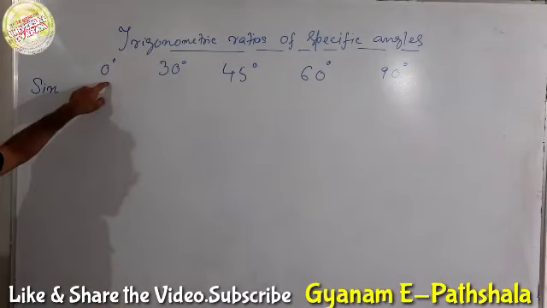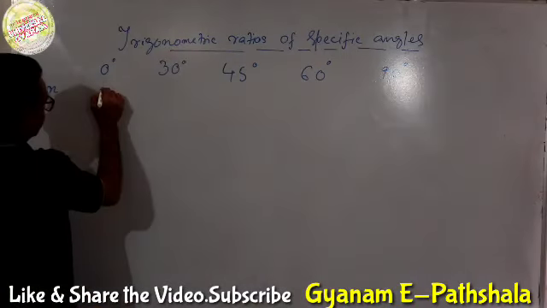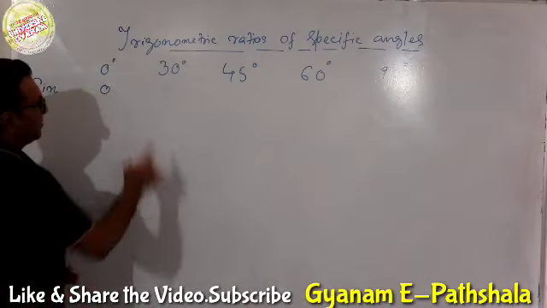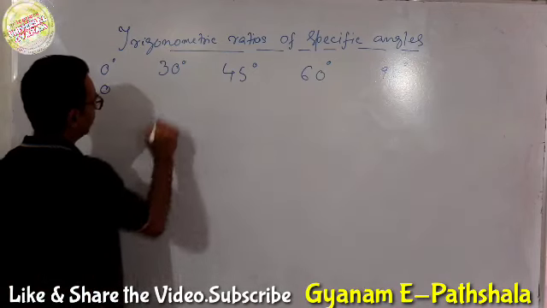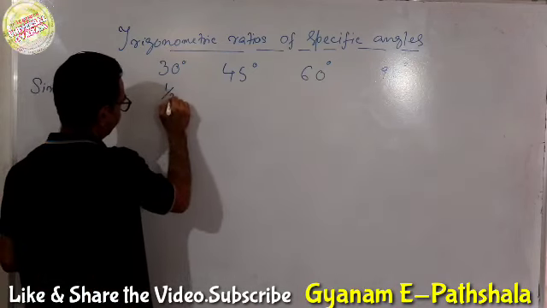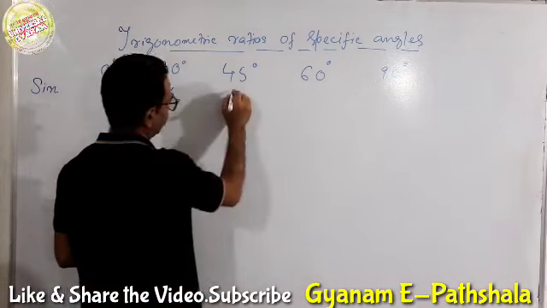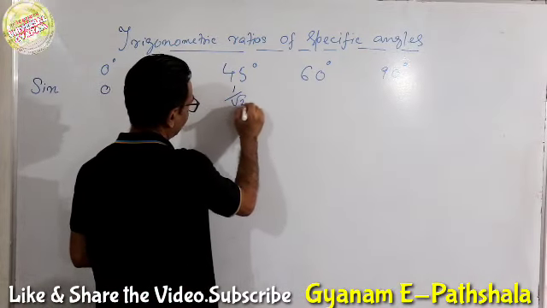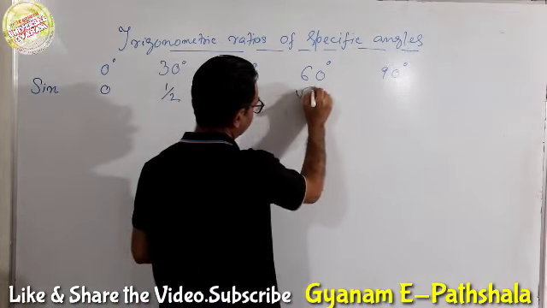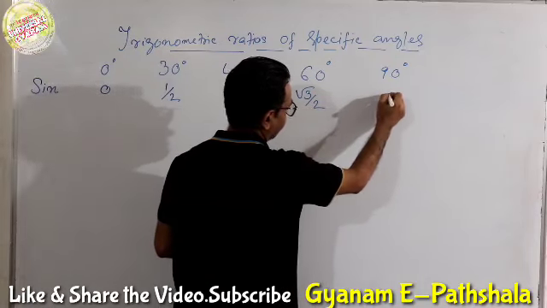Sine 0 is 0. Sine 30, you have to remember, is half. Sine 45 is 1 by root 2. Sine 60 is root 3 by 2. And sine 90 is 1.